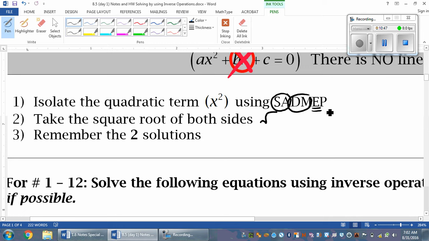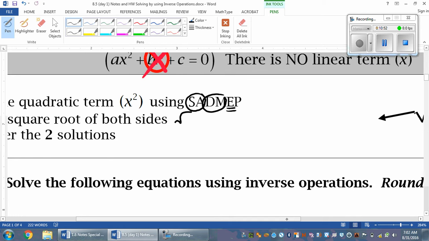Then remember you are going to have two solutions. For example, if x squared equals 9, my quadratic term is already isolated, so I take the square root of both sides. The square root and the square cancel, so you're just left with x.